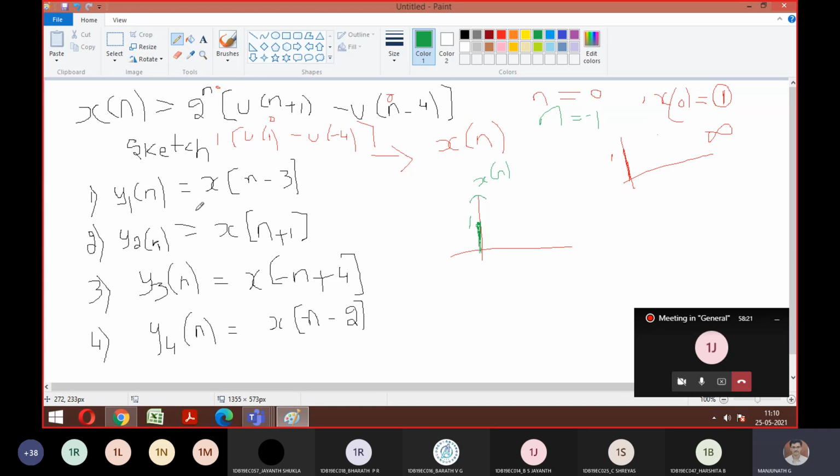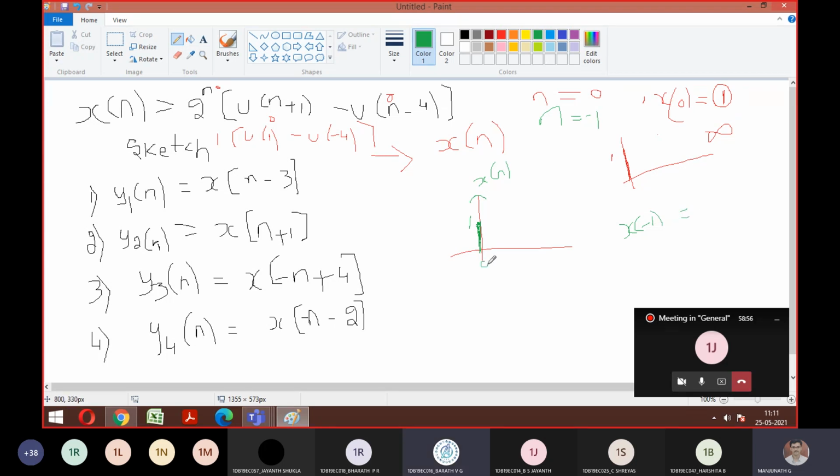Anyone got the answer? What is the answer for x of n at n equal to 0? Sorry, if n is equal to -1, what is your x of -1?